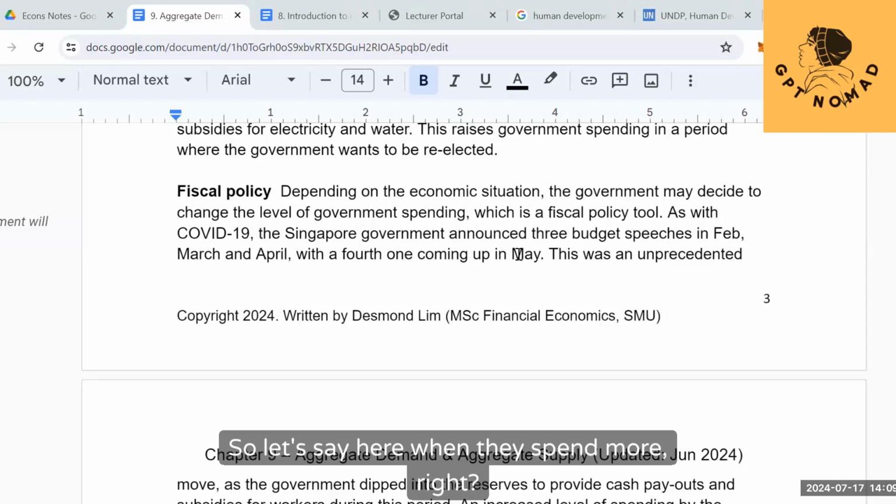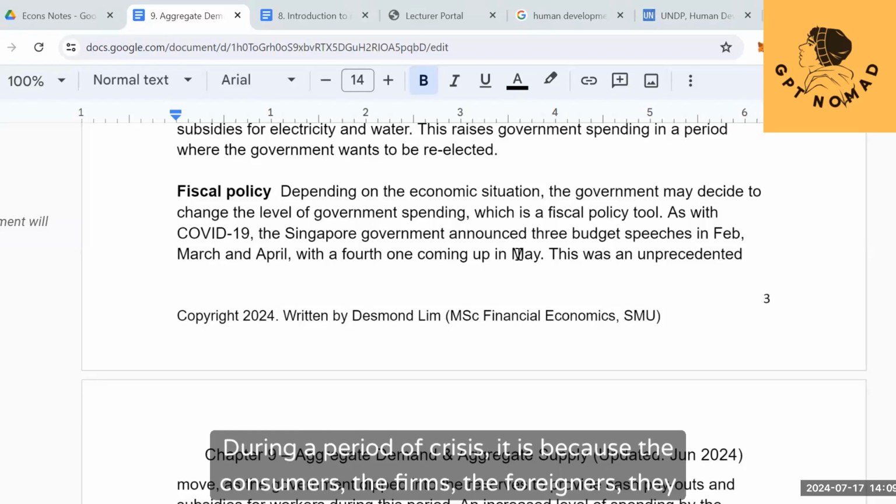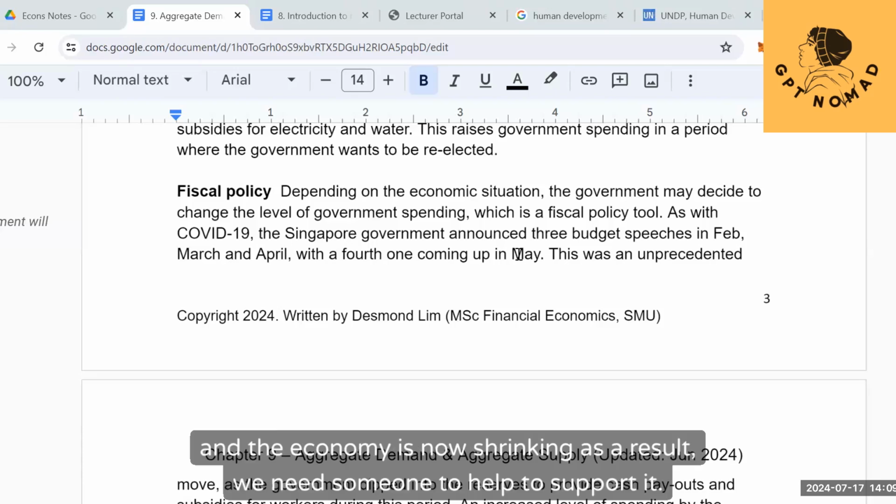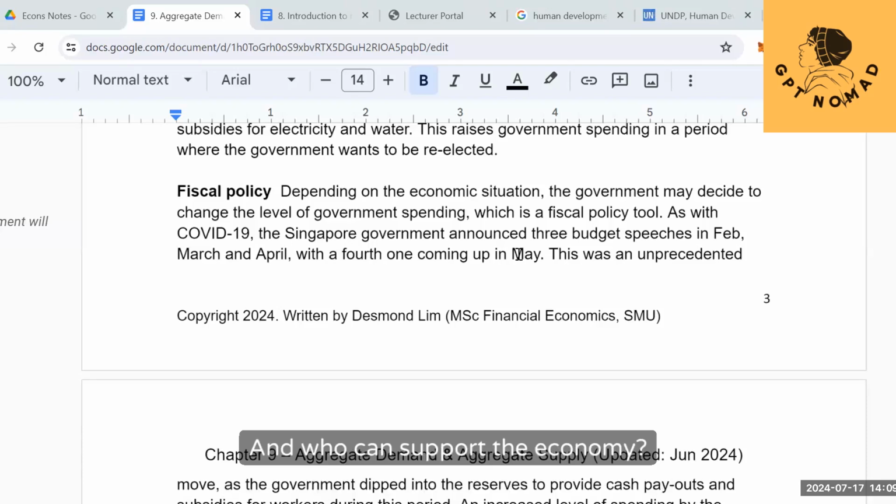So let's say here when they spend more, right, during a period of crisis, it is because the consumers, the firms, the foreigners, they are spending much less. So if everyone is spending less and the economy is now shrinking as a result, we need someone to help to support it. And who can support the economy? Usually it is the government.